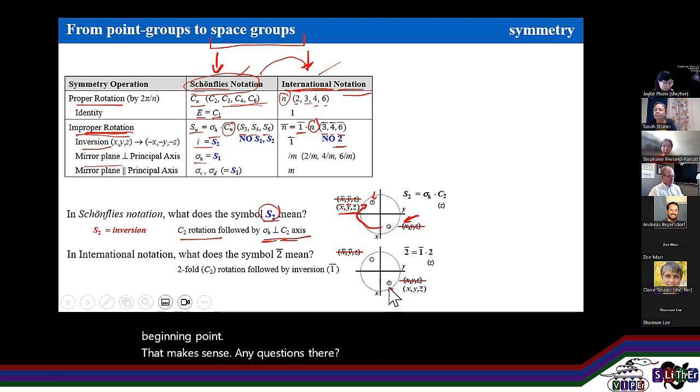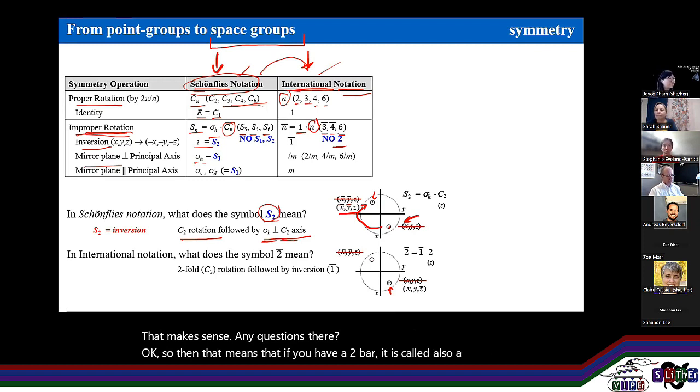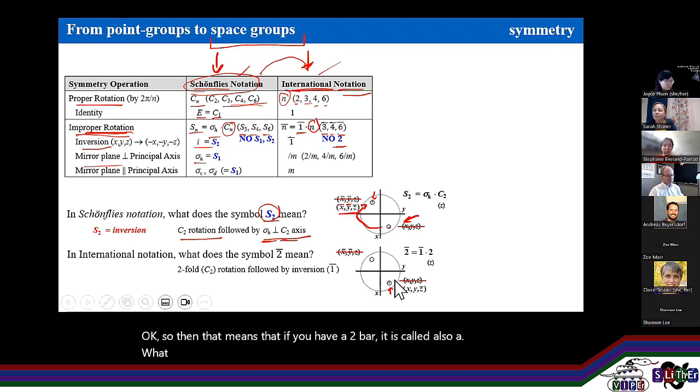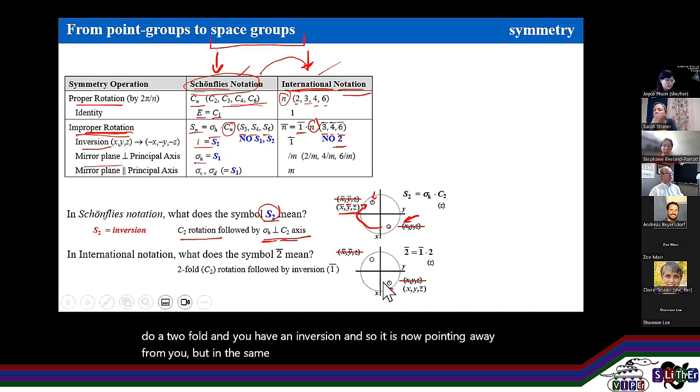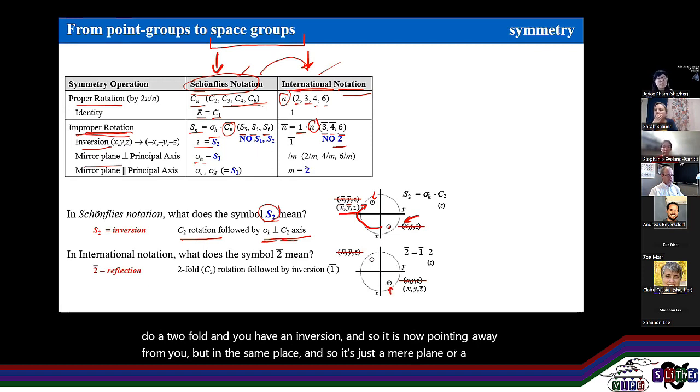So that means that if you have a 2 bar, what happens to our original point here? It's originally pointing at you, you do a twofold, and you have an inversion, and so it is now pointing away from you, but in the same place, and so it's just a mirror plane or a reflection. That's the main difference.